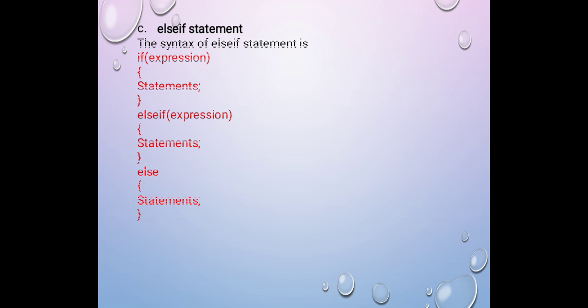And the next statement is the else if statement, that is the if else if ladder. For more cases, the statement uses if else if statements, and the syntax is: if expression, curly brace open, statements, then else if expression, then statements. The last statement uses the else case only, else code to be executed in all other cases.